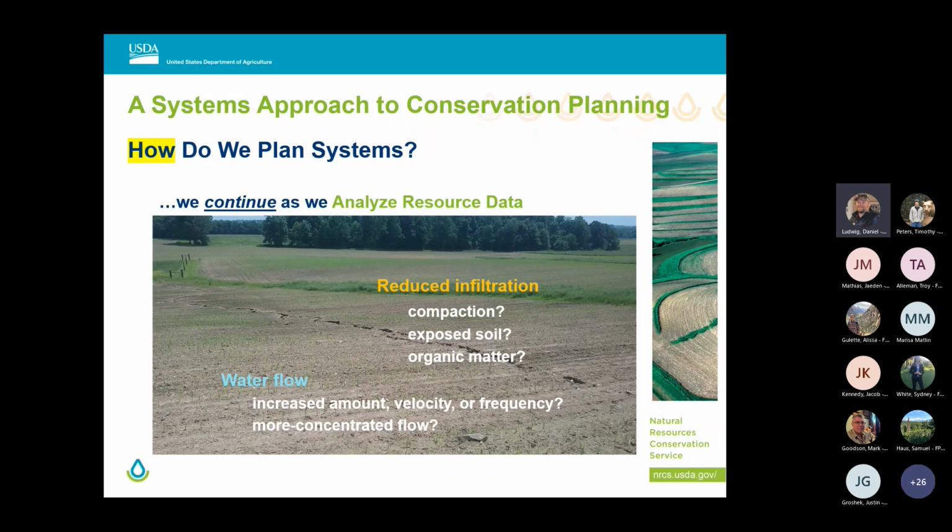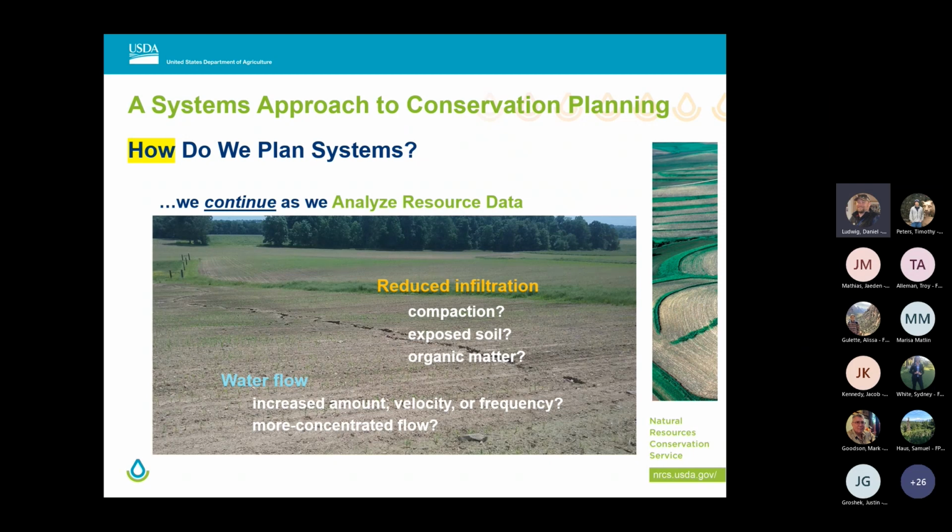Do we have too much exposed soil? Again, has this producer considered managing residue, planting a cover crop? What about the organic matter content? Because we know that in addition to getting water to infiltrate, we need that organic matter to allow that water a place to go when it hits that field.